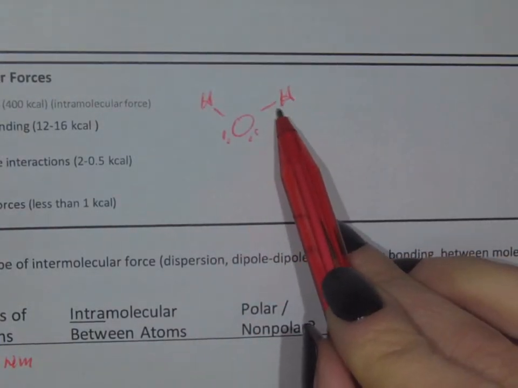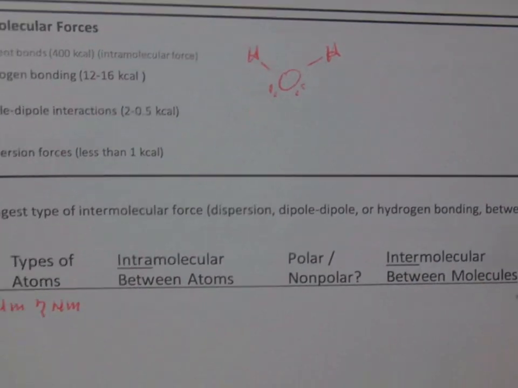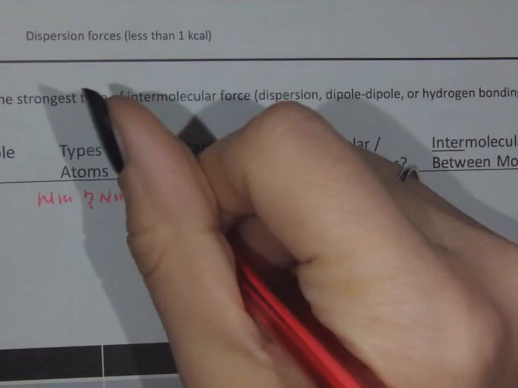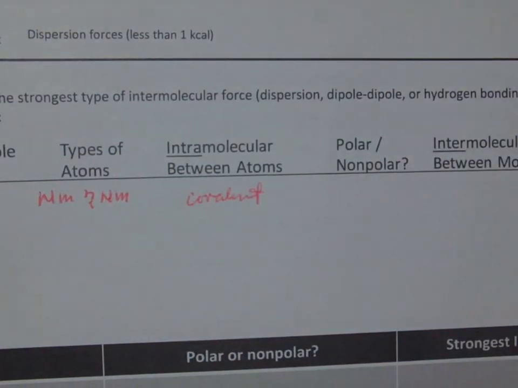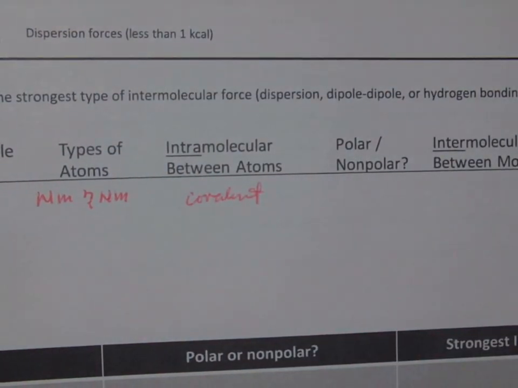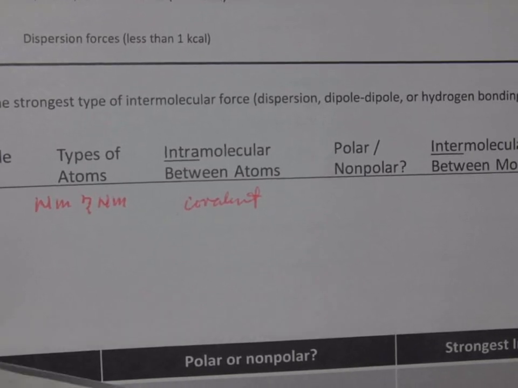This bond, because it's two nonmetals, that's a covalent bond. So my intra is covalent. Now, if you have an electronegativity table, and I'll have those ready for you on the quiz, and it's also on page 6 of your packet.